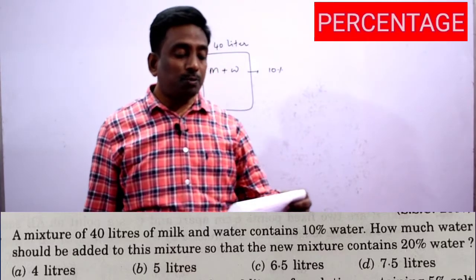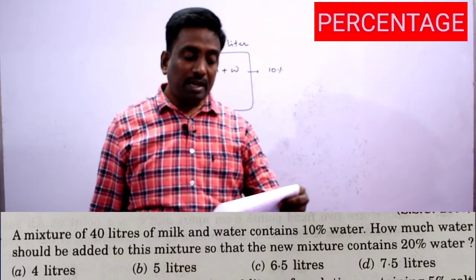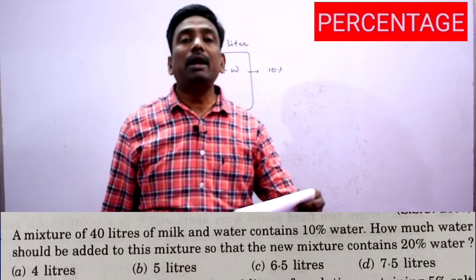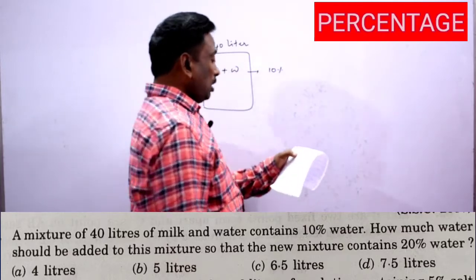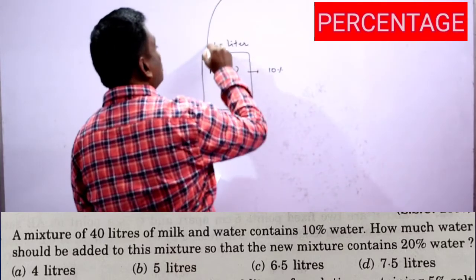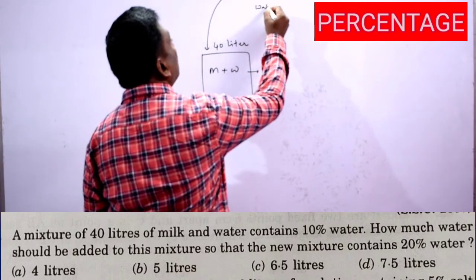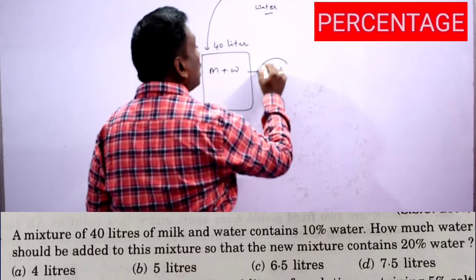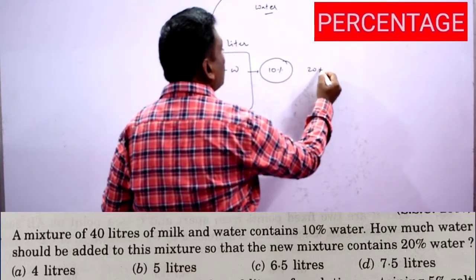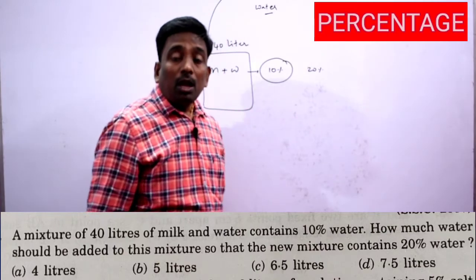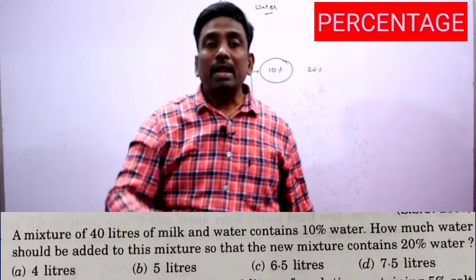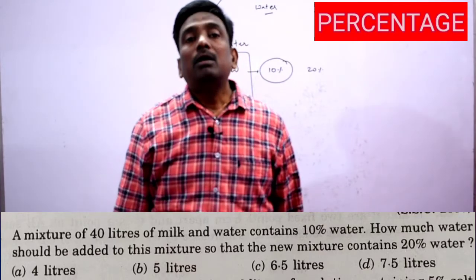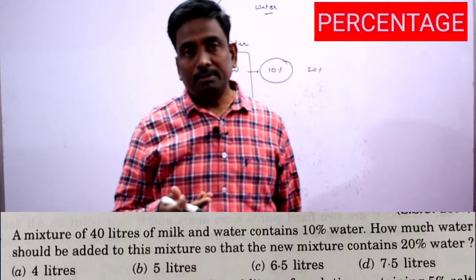How much water should be added to this mixture so that the new mixture contains 20% water? Here, how much water must be added so that this 10% becomes 20%?